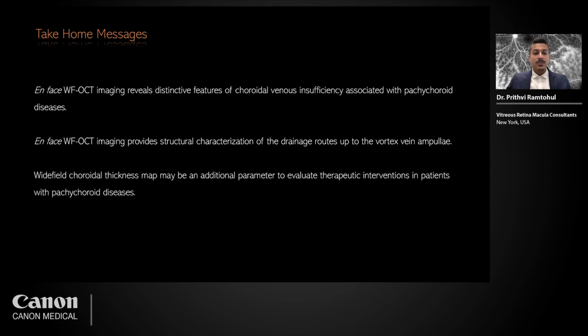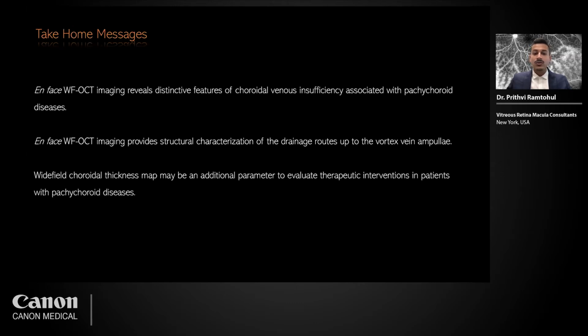So these are my take-home messages. En face wide field OCT imaging reveals distinctive features of choroidal venous insufficiency associated with pachychoroid diseases. En face wide field OCT imaging can also provide structural characterization of the drainage routes up to the vortex vein ampullae.